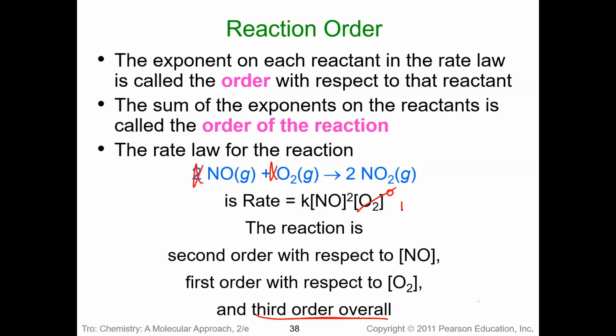And so if this was 0 order with respect to O2, you would just see this. This would be your rate law. So if it was 0 order with respect to O2, you just wouldn't write it in here. So we're going to see a couple of these and practice with them today.